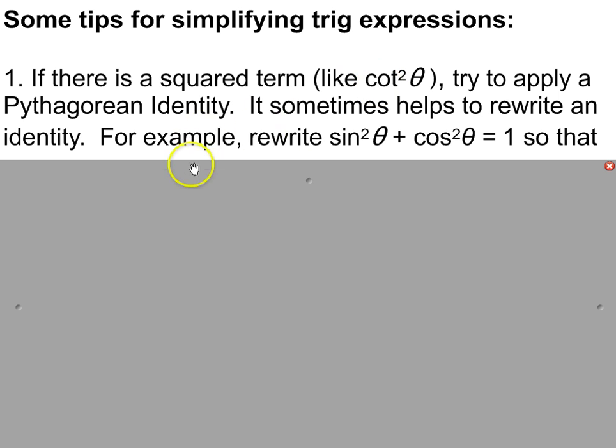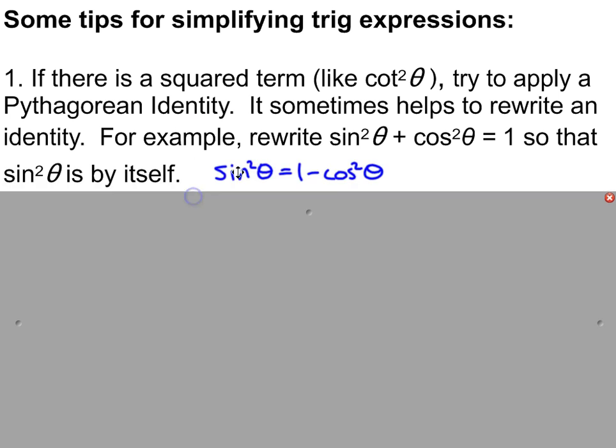It also sometimes helps to use an alternate version of an identity. For example, that main Pythagorean identity, sine squared theta plus cosine squared theta equals 1, we can rewrite, as we pointed out in the last video, by subtracting cosine squared theta from both sides. So you have something that's just sine squared theta all by itself.